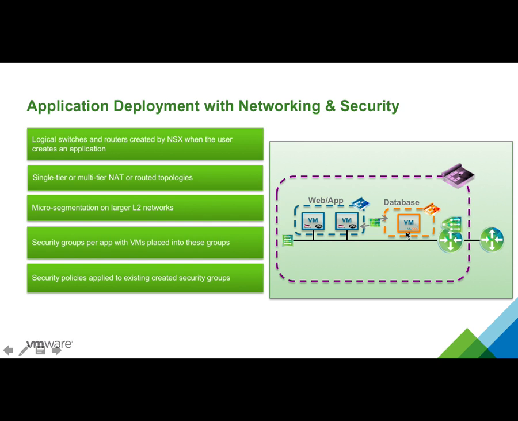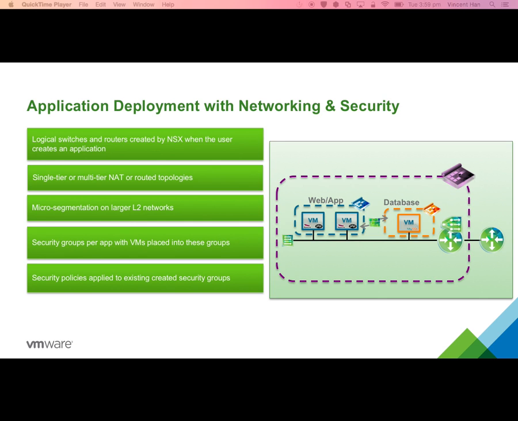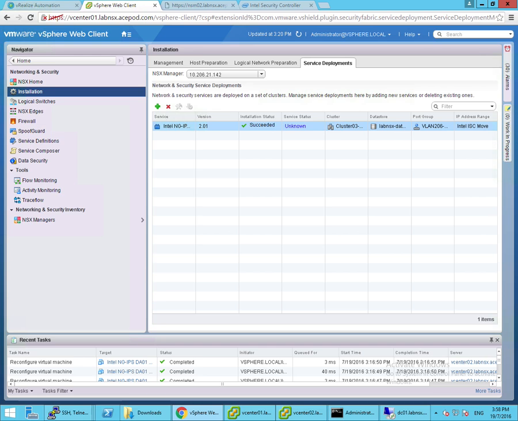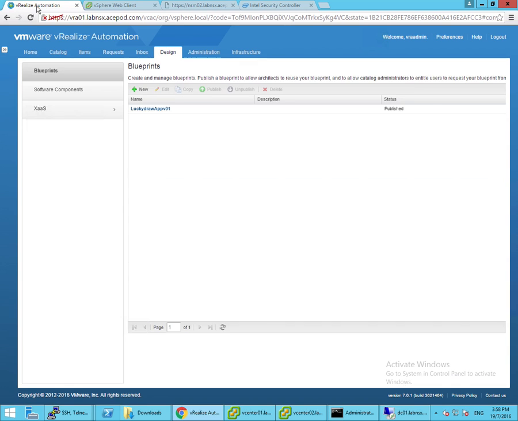With that, you can do microsegmentation on this L2 network, and security groups can be placed around the VMs in this group itself. So let's proceed with the demo.